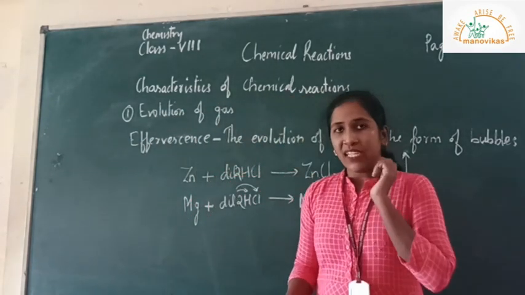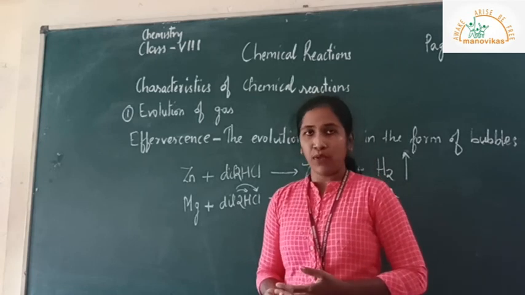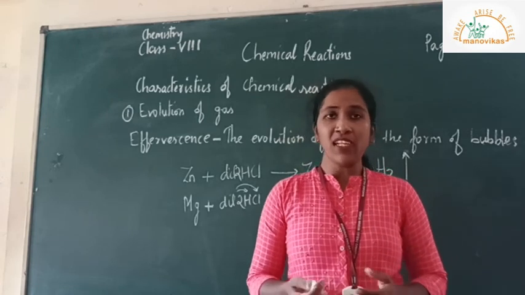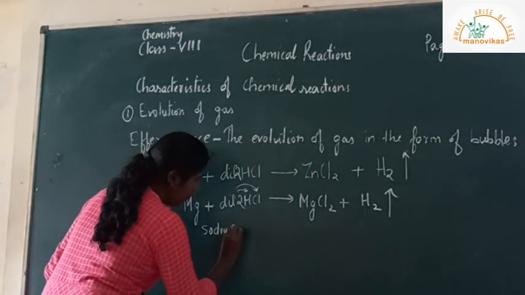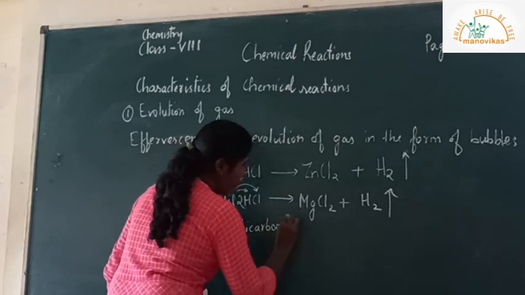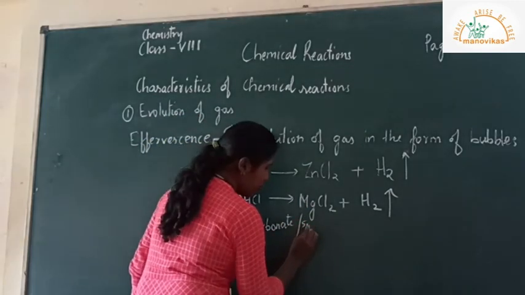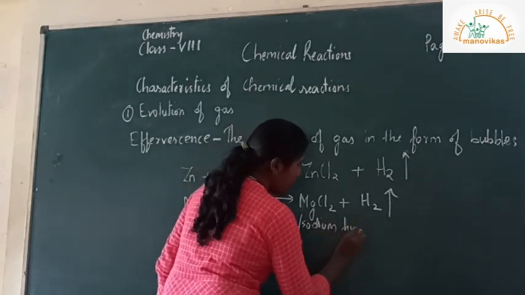Here we can take one more example. For example, if you are using baking soda, the common name is baking soda, chemical name is sodium bicarbonate, or as we can say sodium hydrogen carbonate.